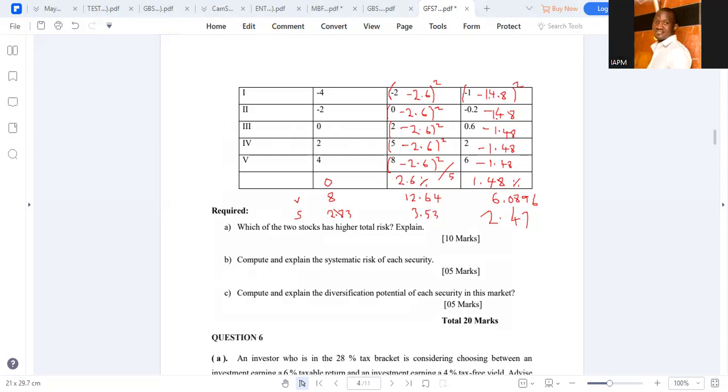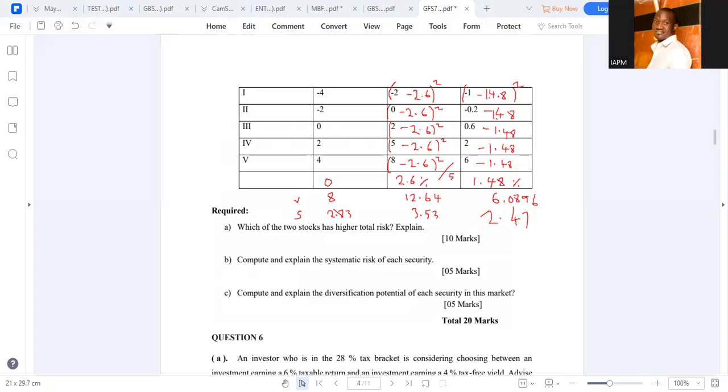Yes. Now, how do we compute and explain the systematic risk? How do you find the systematic risk?